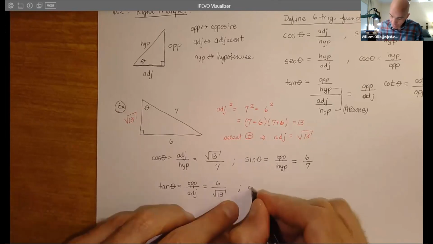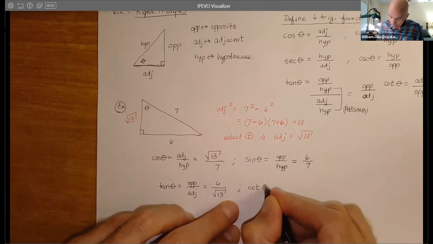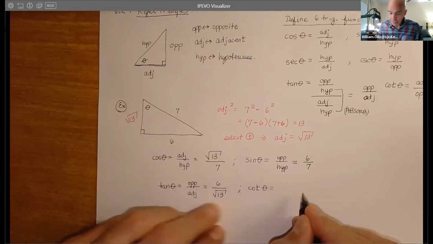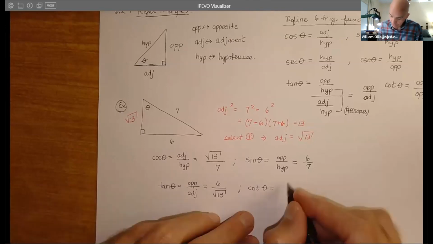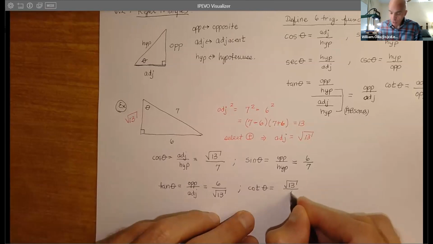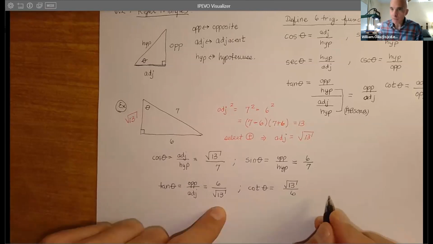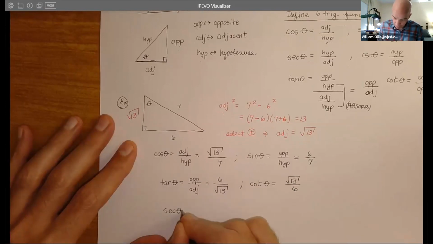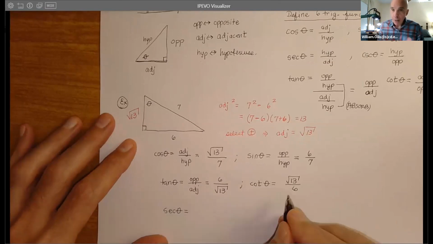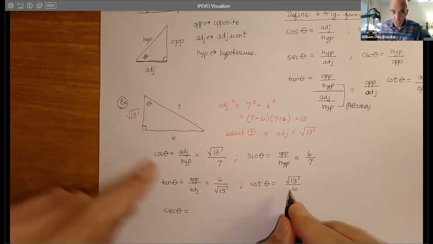And then cotangent theta, we can just write this as adjacent over opposite, or just take the reciprocal of this. That we can do readily. So we're going to make sure that that's the same as we did before. And then of course secant theta will just be hypotenuse over adjacent, that is the reciprocal of this.